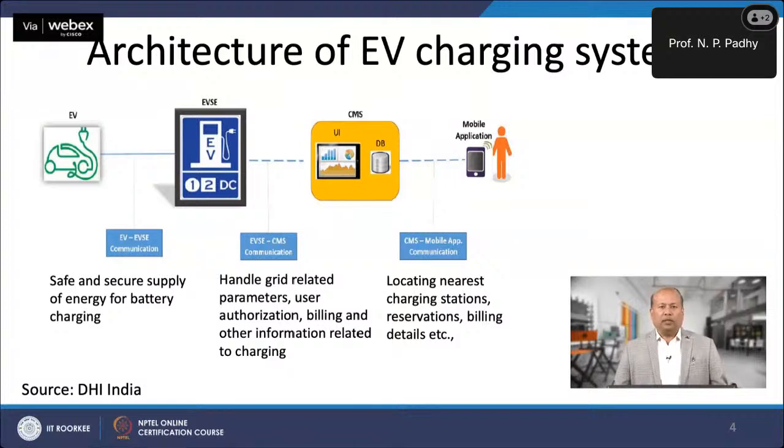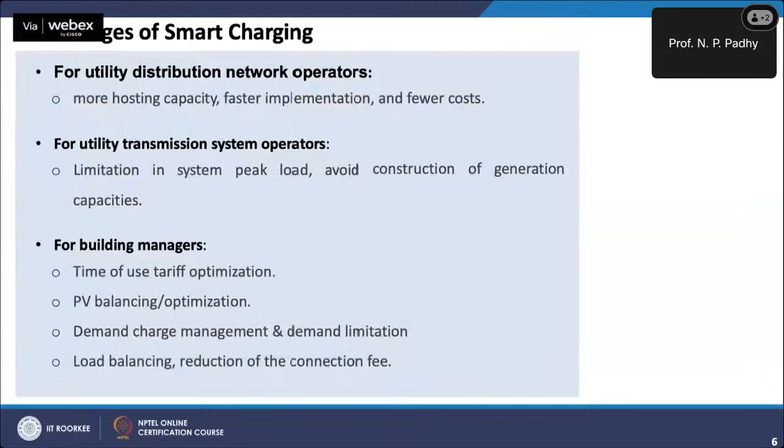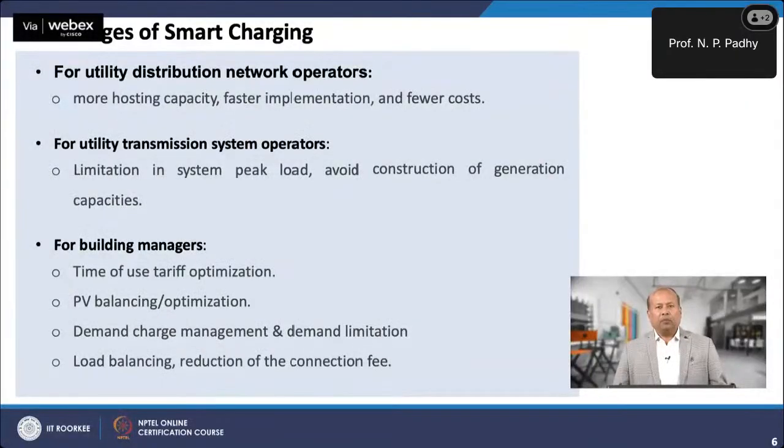It also enables user-defined apps to help end users identify the nearest charging station, reserve a charging slot and pay. Now, the smart charging concept for optimal electric vehicle integration and its advantages: for utility distribution network operators, it helps in more hosting capacity, faster implementation, and less cost.